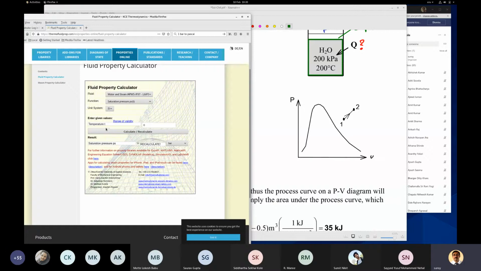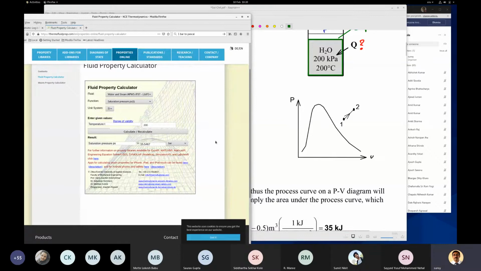We will use centigrade, so the temperature is 200. And what is the saturation pressure? Let us calculate. So 15 is the saturation pressure.